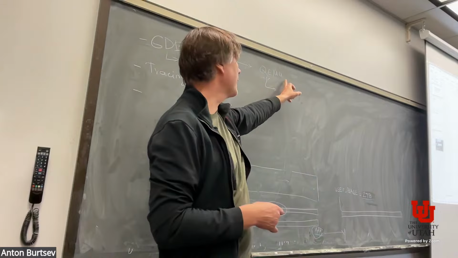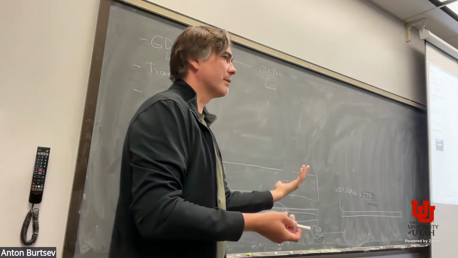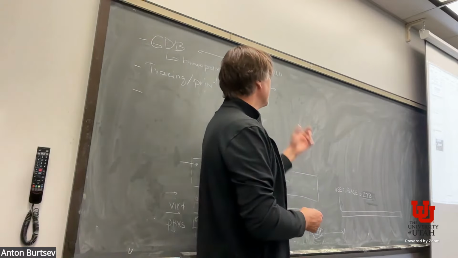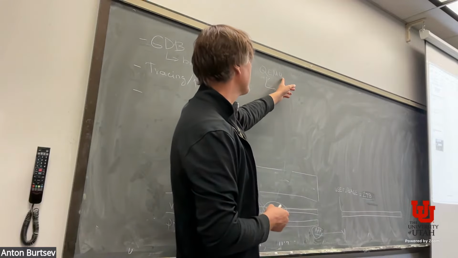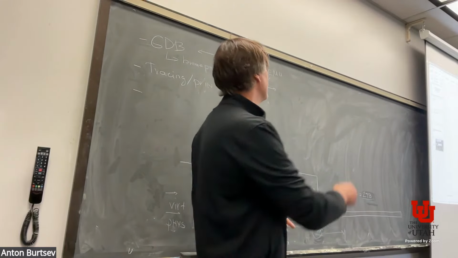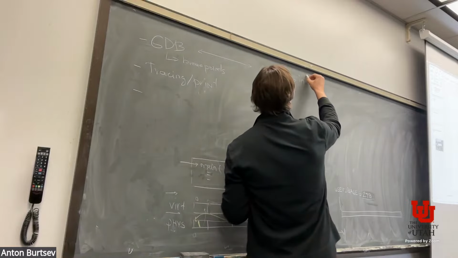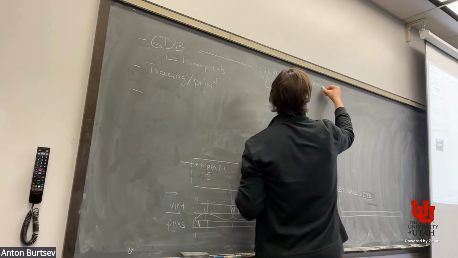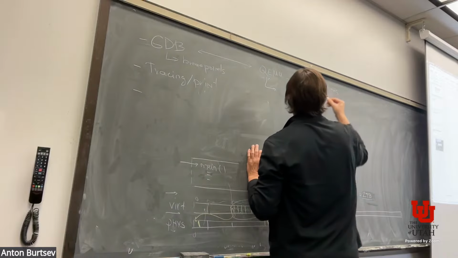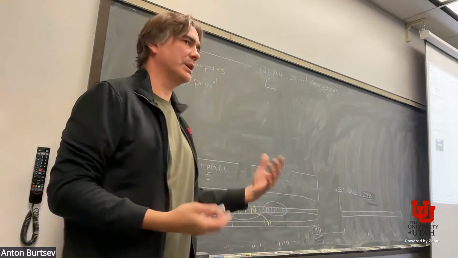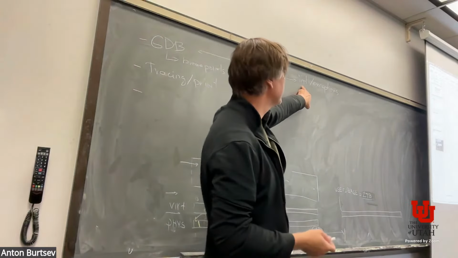Moreover, QEMU emulates execution of the CPU, right? Which means that there is a flag, and I forgot if we pass it by default or not, but you can dump all the interrupts and exceptions. So for example, if you have a triple fault and the machine is trying to reboot, you will actually have a trace of those.